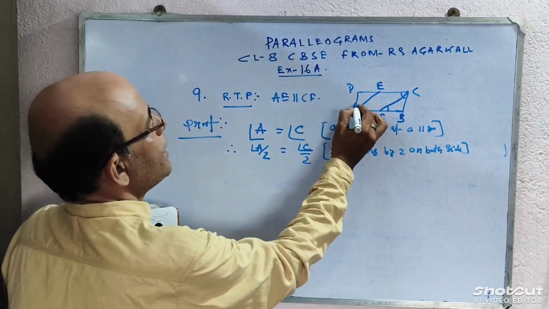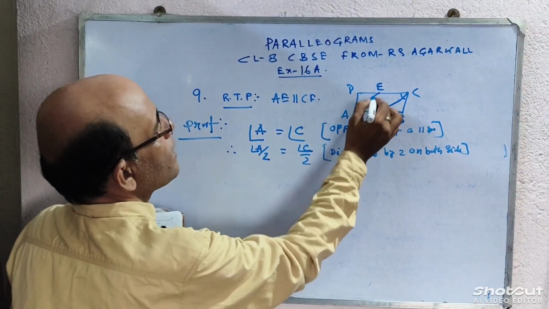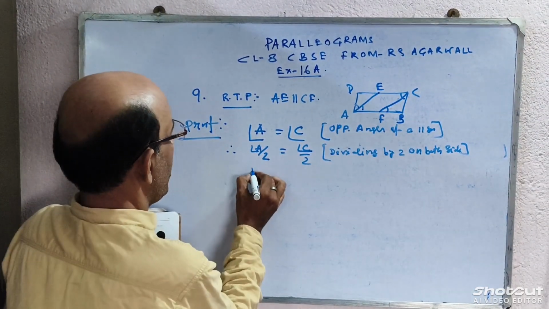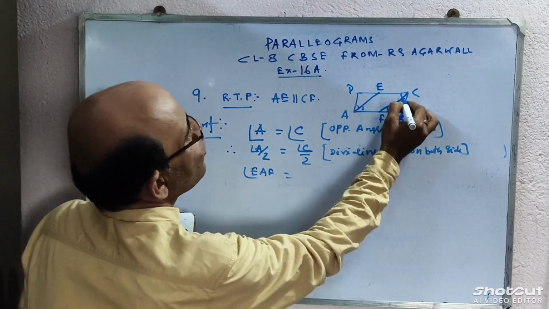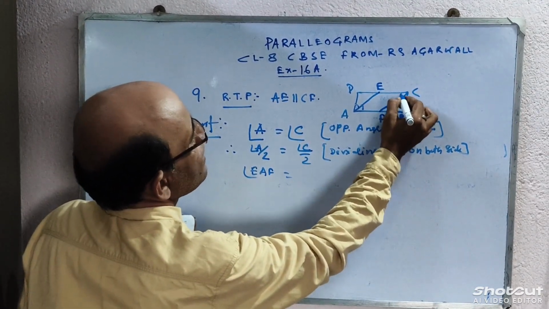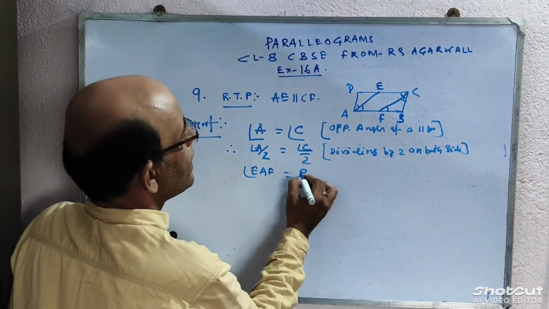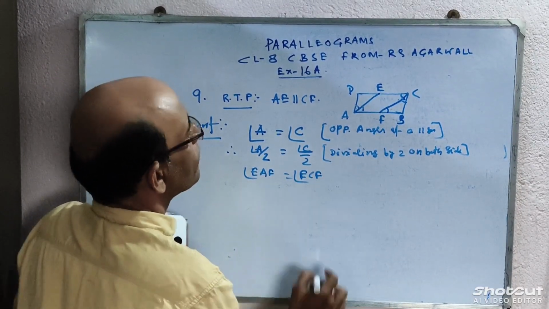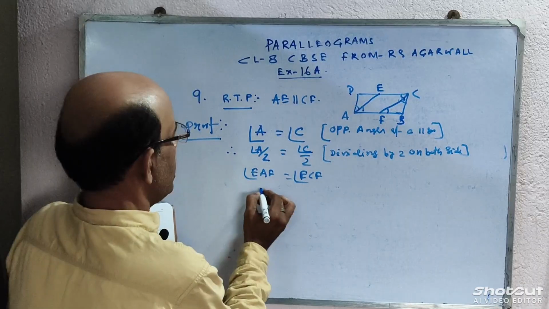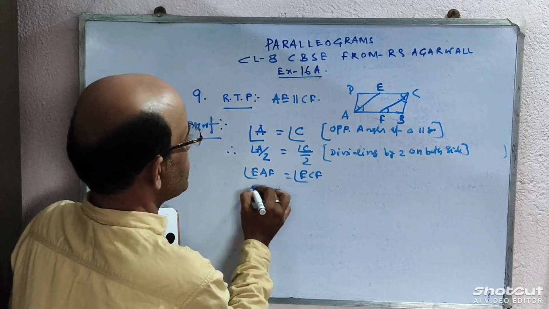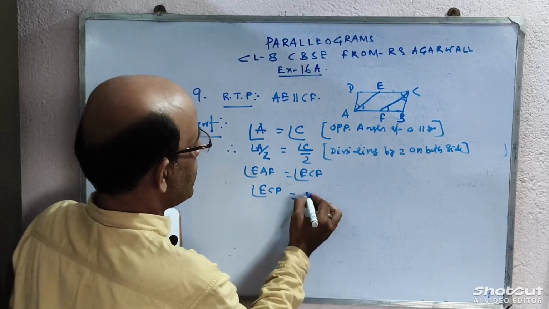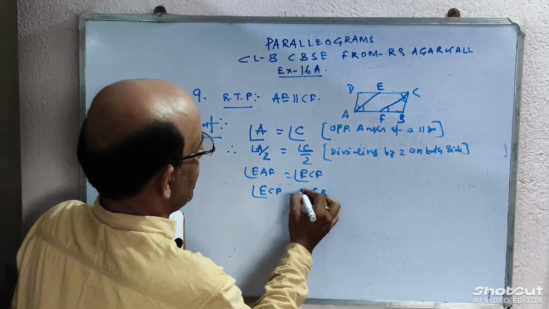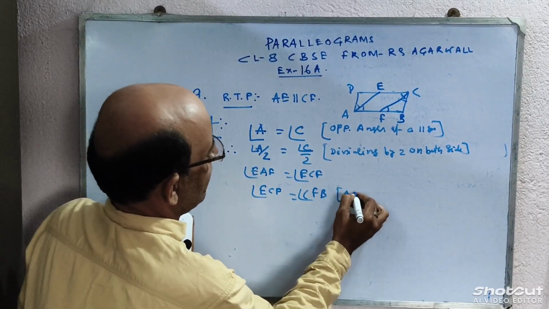A by 2 means this or this, but we are considering EAF. Angle EAF is equal to C by 2, that means ECF. And ECF is equal to CFB, alternate angles.